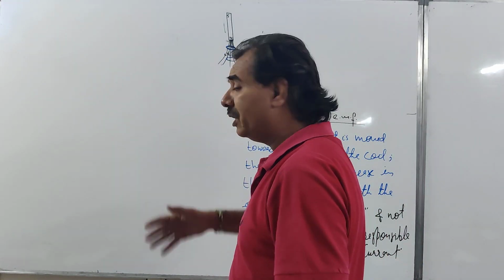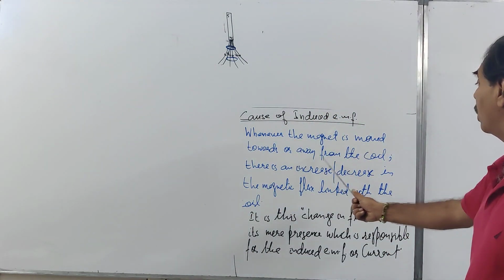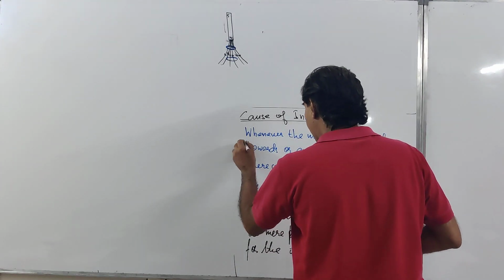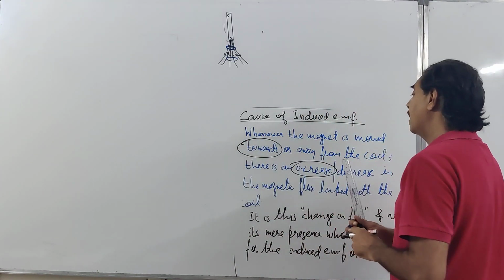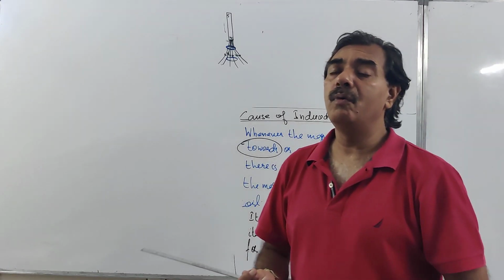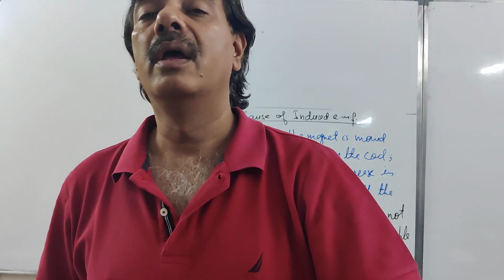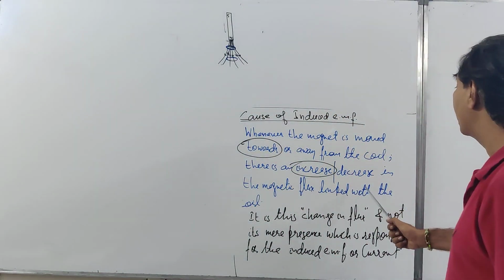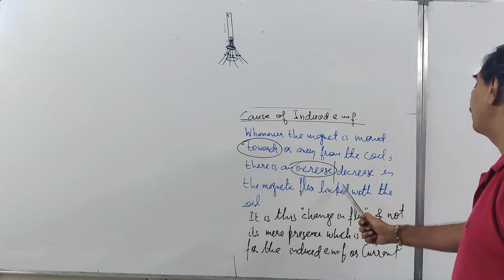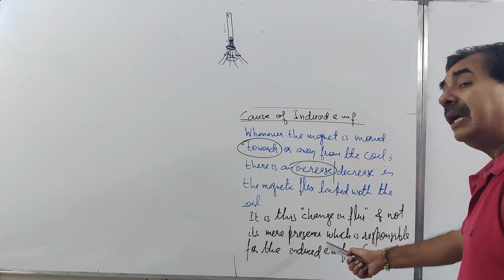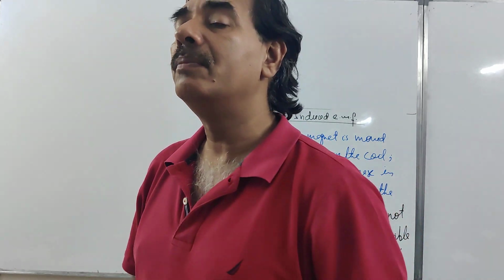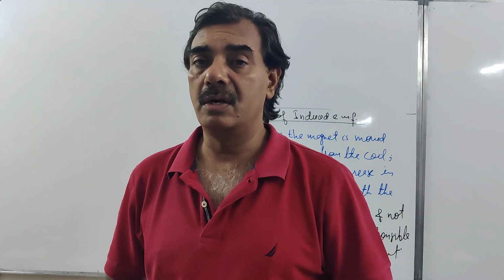Thus, whenever the magnet is moved towards or away from the coil, towards आएगा तो increase हो, away जाएगा तो decrease हो. Thus, there is a change in the magnetic flux linked with the coil. It is this change in flux and not its mere presence which is responsible for the induced EMF or current.